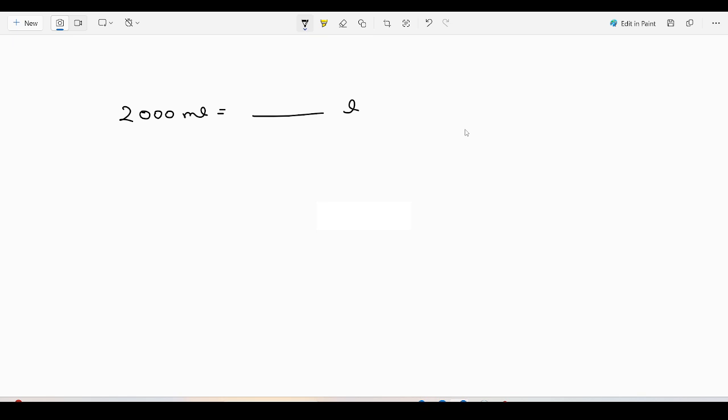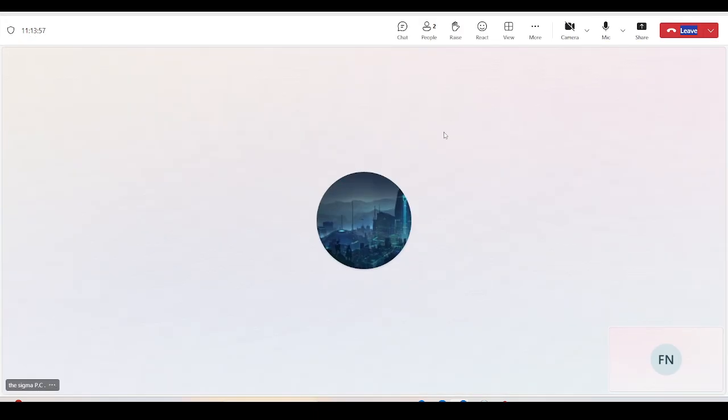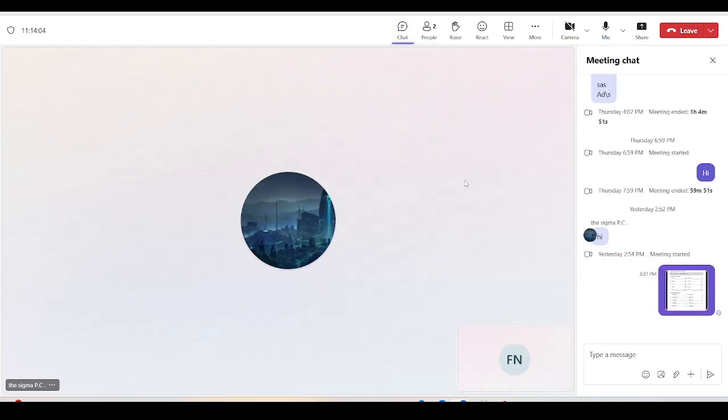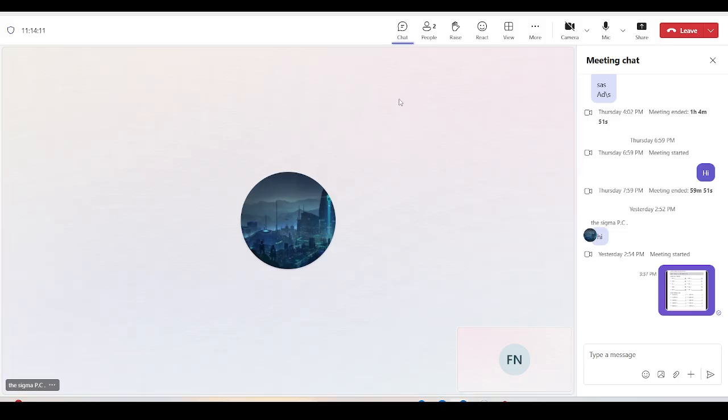I'm just sharing a sheet in chat and then I can open it here. Share your screen and go to chat.